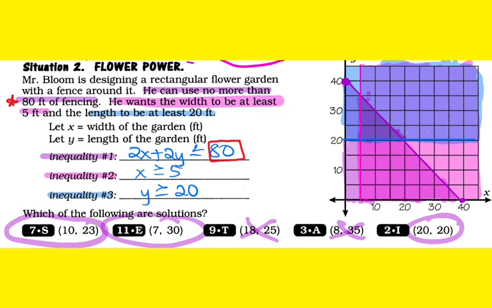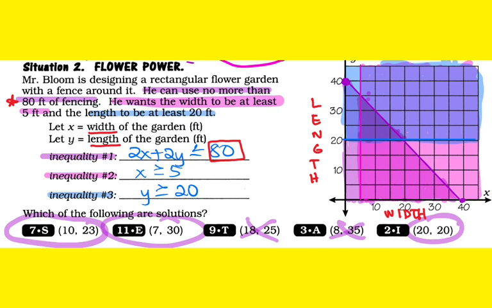And because this is a perimeter, we know that we have a length and a width, right? So our length is actually on this y-axis, and our width is the x.